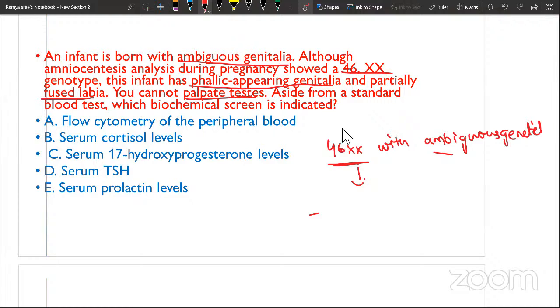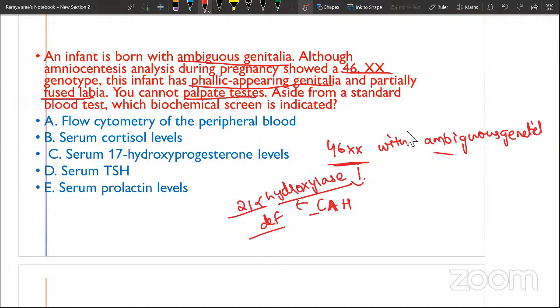So the most common cause of ambiguous genitalia in a 46XX is, you're all answering correct, but can you tell me what is that? It is congenital adrenal hyperplasia, mainly 21 alpha hydroxylase deficiency.